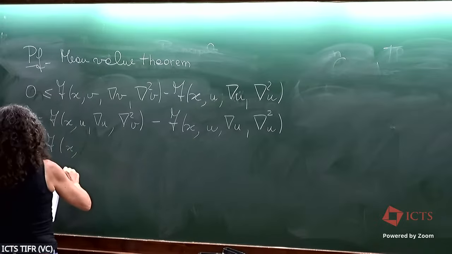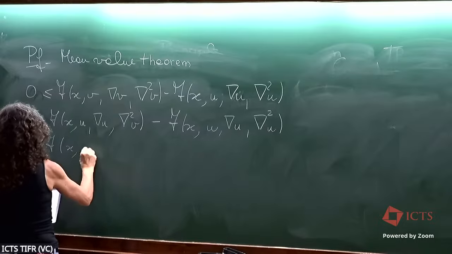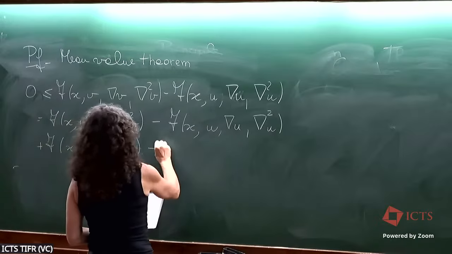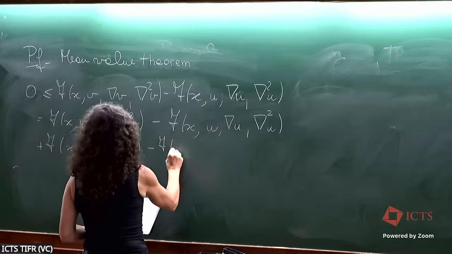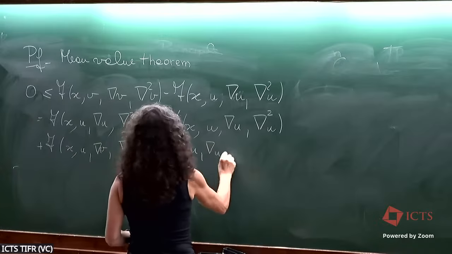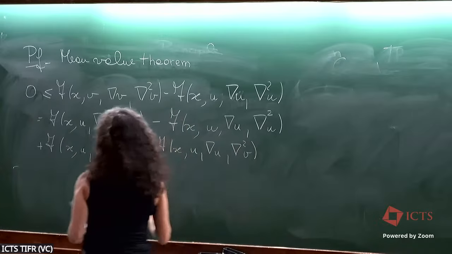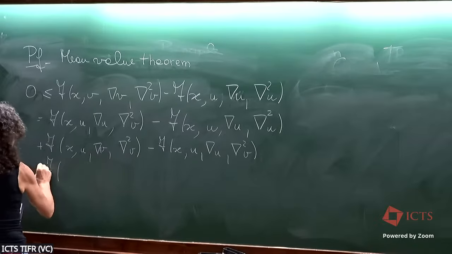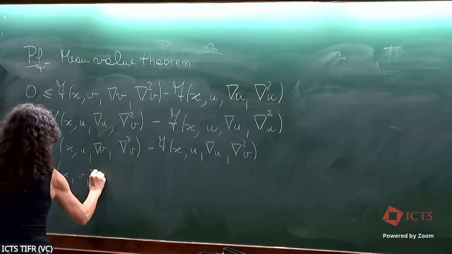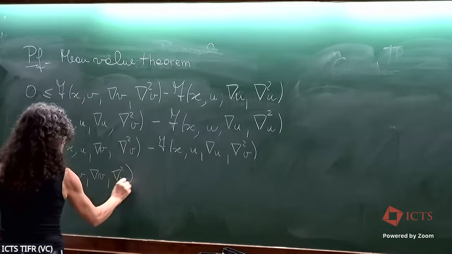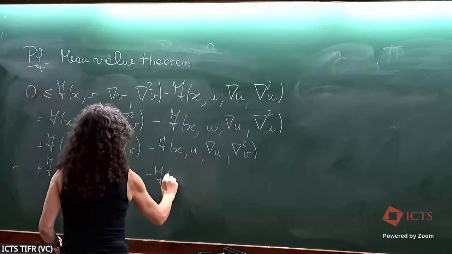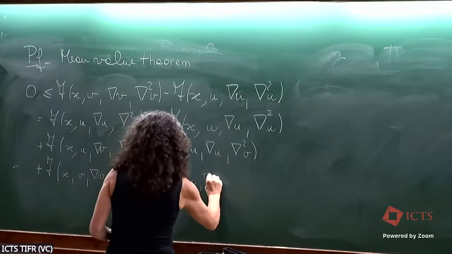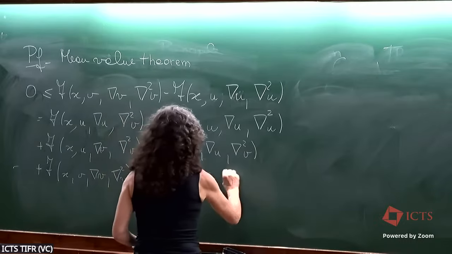So F(x, u, gradient v, Hessian of v) minus F(x, u, gradient u, Hessian of v). And then the last one plus F(x, v, gradient v, Hessian of v) minus F(x, u, gradient v, Hessian of v).